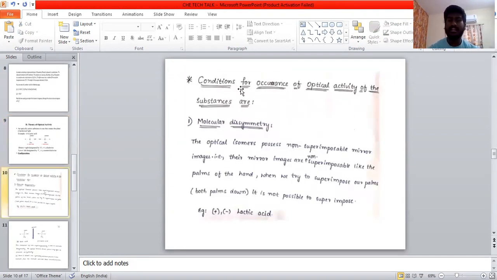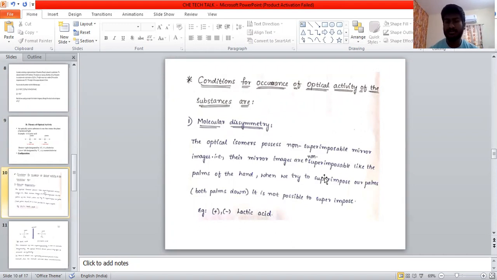Next, coming to the conditions for occurrence of optical activity of a substance. First one is molecular dissimilarity. The optical isomers possess non-superimposable mirror images. That means when you keep them in front of a mirror, they will not superimpose on each other.